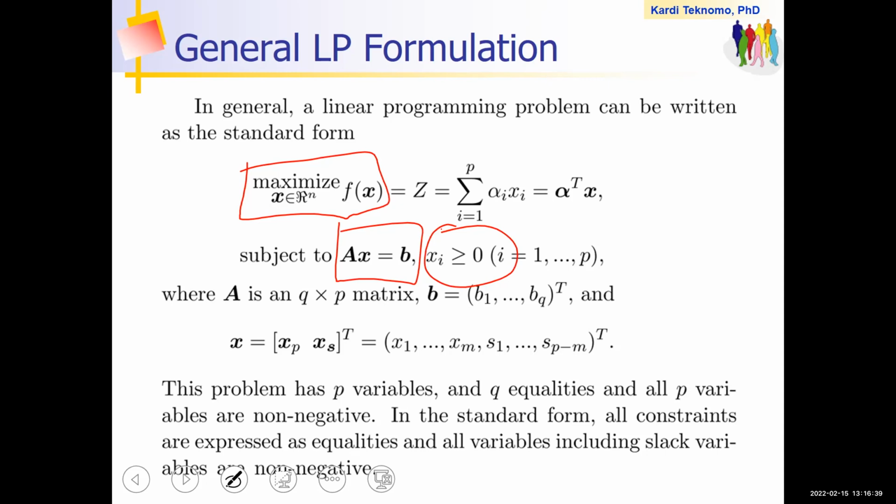So this is called the standard LP or linear programming problem. If you have a problem that is minimizing, you multiply by -1. To make it equal from unequal, you add either surplus or slack variable.